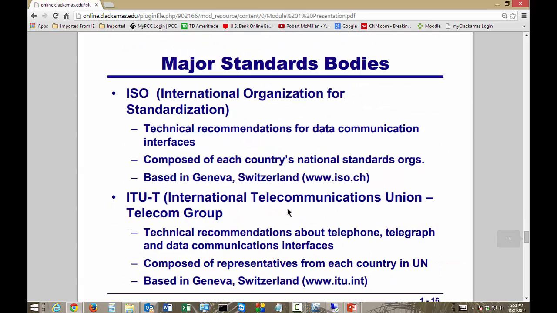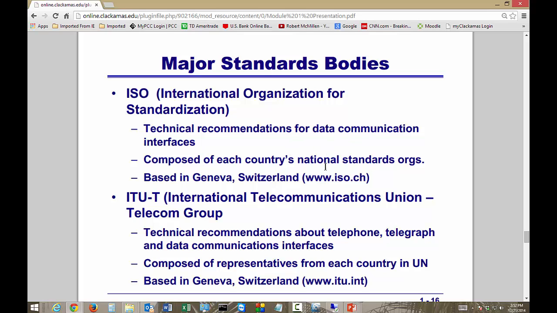All right, so there's some major standards bodies that come up with the standards that we use for the internet and for applications and all things in communications. Starting out with the ISO, which is the International Organization for Standardization, they have technical recommendations.